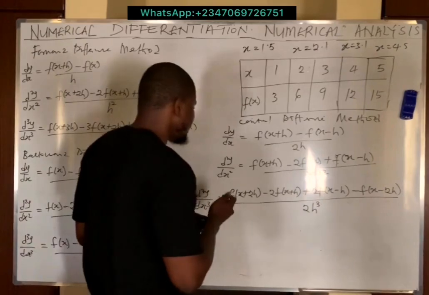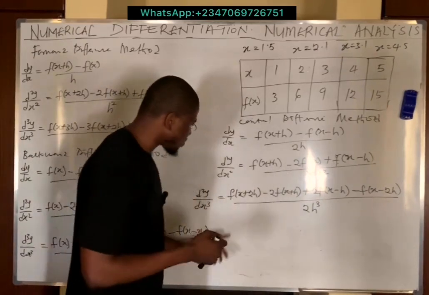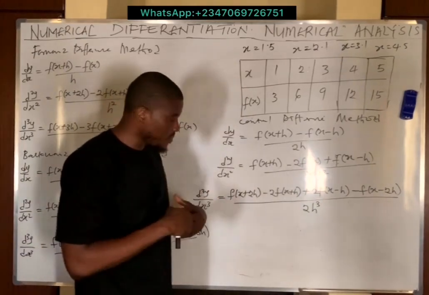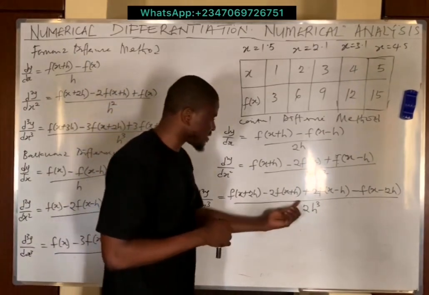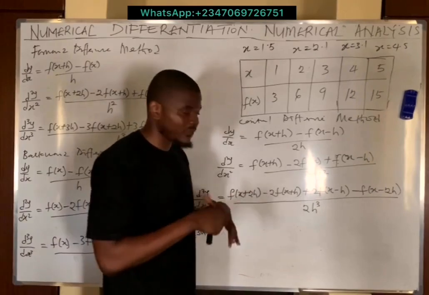So you see how it plays. For the third derivative approximation, you have f of x plus 2h from the forward table, minus now a step down to f of x plus h, still at the forward table.